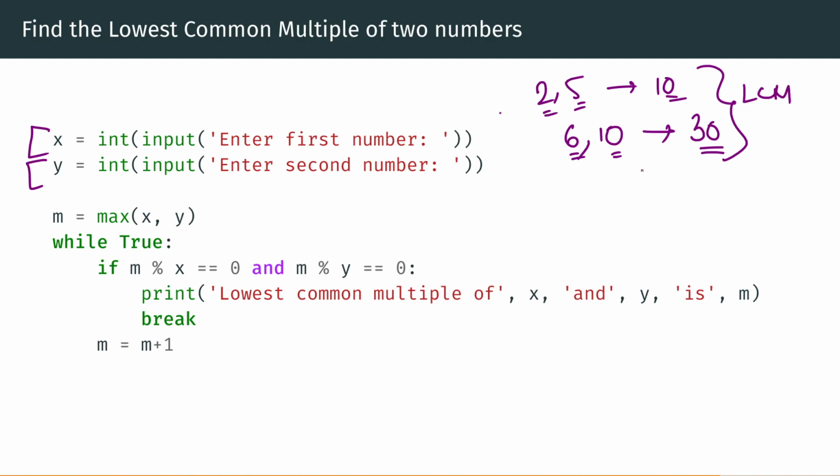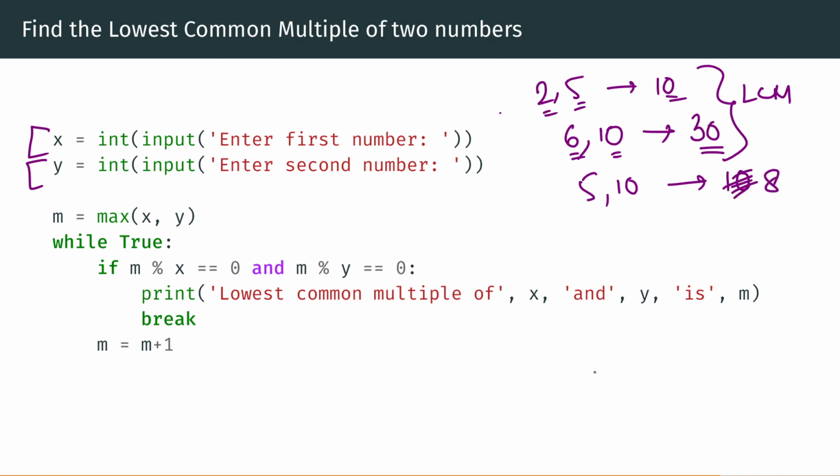You cannot have two numbers, let's say 5 and 10, where the lowest common multiple is 10, because that is the smallest number which is divisible by both 5 and 10. You cannot have things like 8.